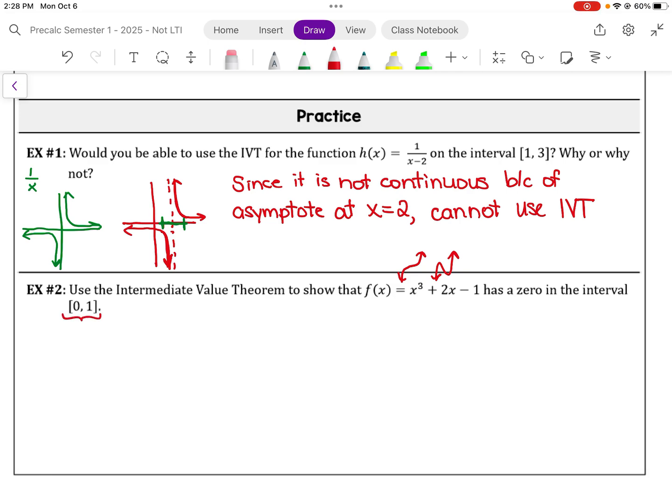That means we want to find these outputs. So f of 0, what is 0 cubed minus 2 times 0 minus 1? Well, that is negative 1. What is f of 1? So that's 1 cubed plus 2 times 1 minus 1, which is 2.